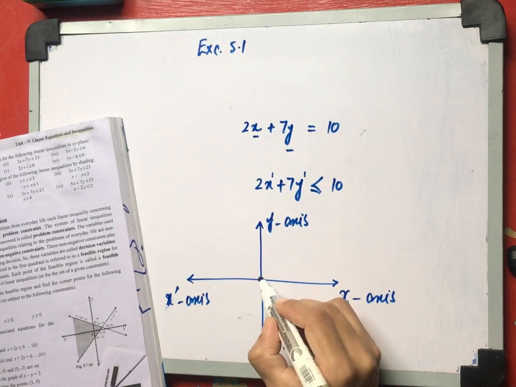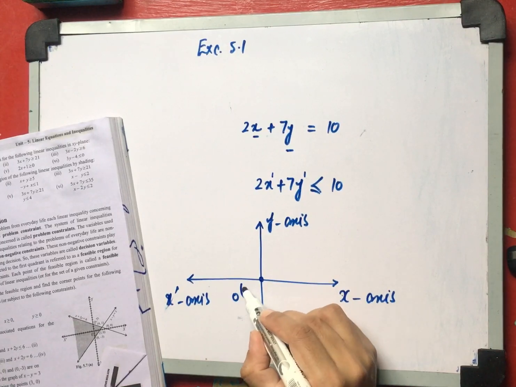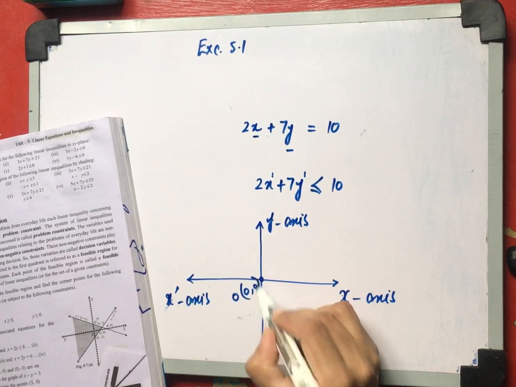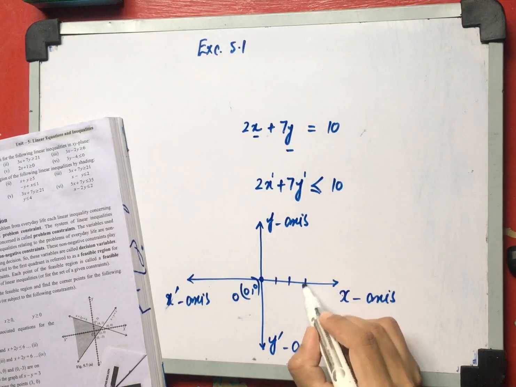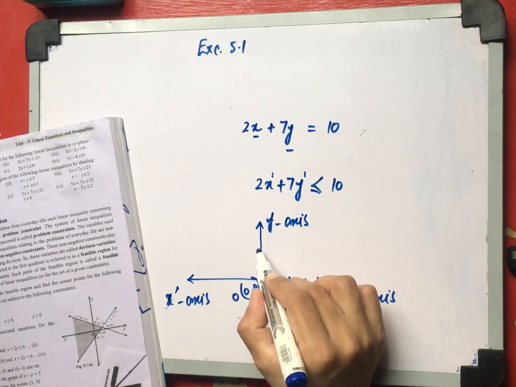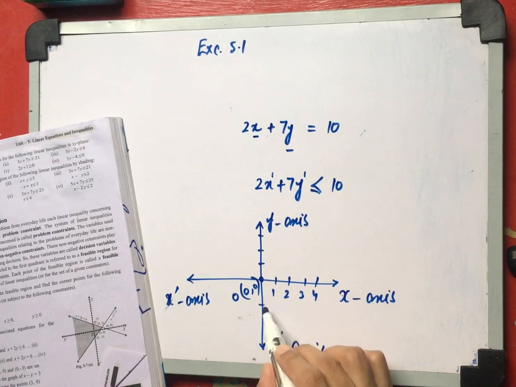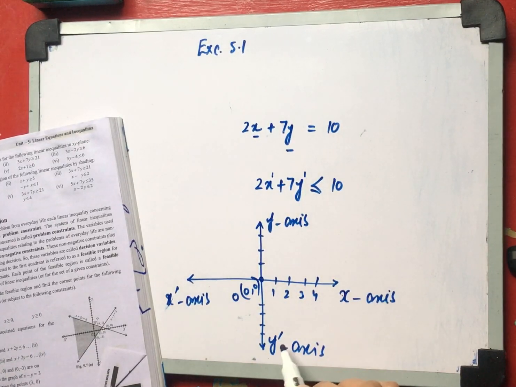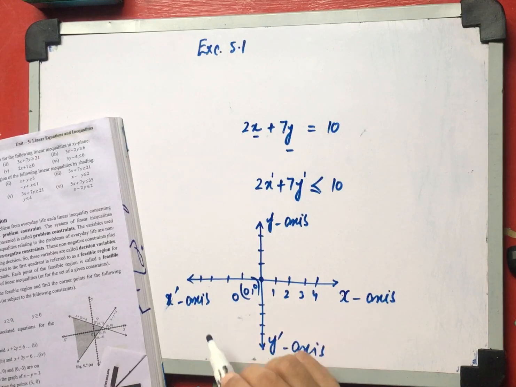This is our origin, that is O, and here the x coordinate and y coordinate are both 0 at the origin. Here positive numbers can be taken 1, 2, 3, 4 and so on. Here also positive integers will be taken, and along the y prime axis or y bar axis we take negative integers, and similarly on the x prime axis we take negative integers.